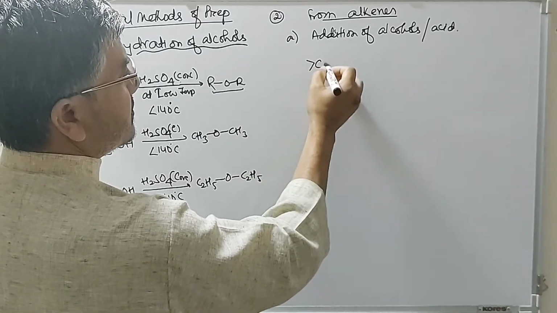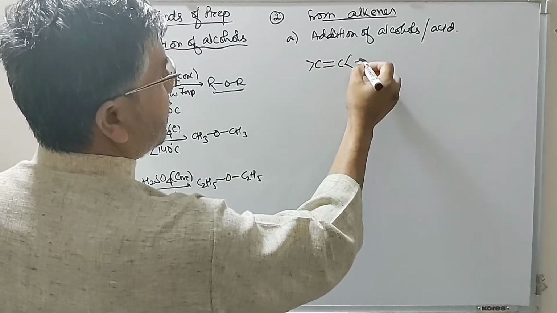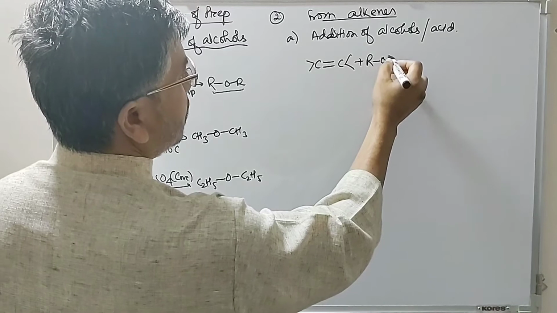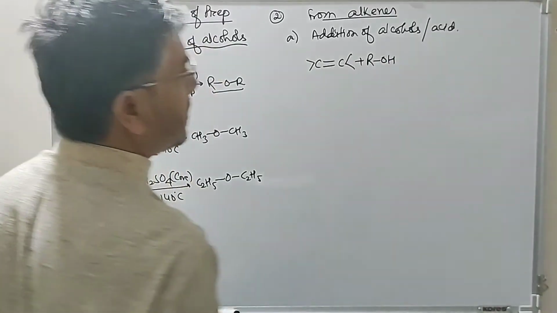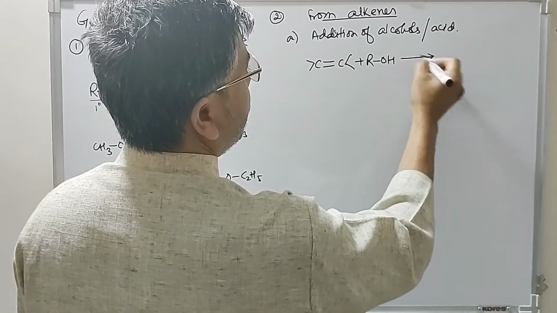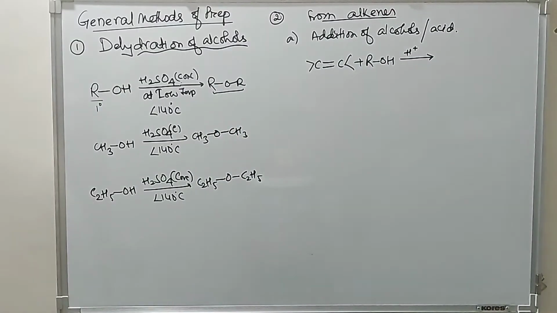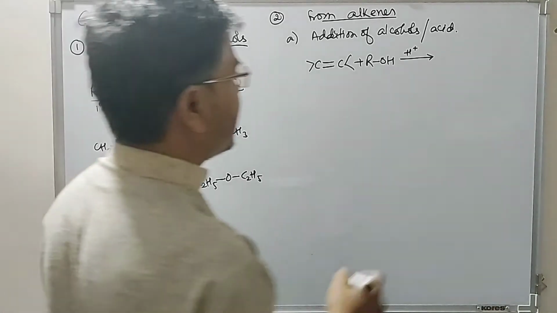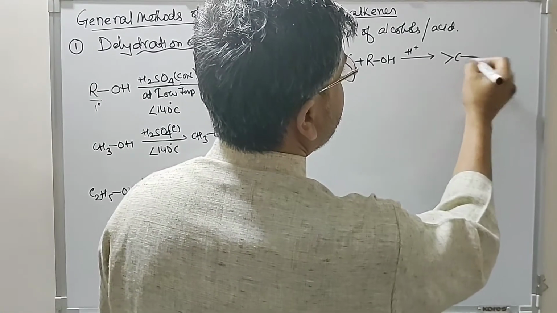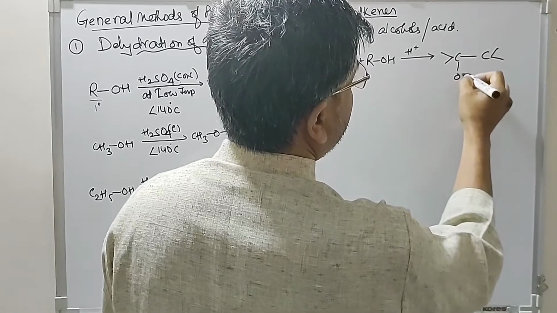So we have looked at it starting with alkene. Alkene reacts with alcohols in presence of mineral acid. So reaction of alkenes with alcohols in presence of acid gives you ethers.